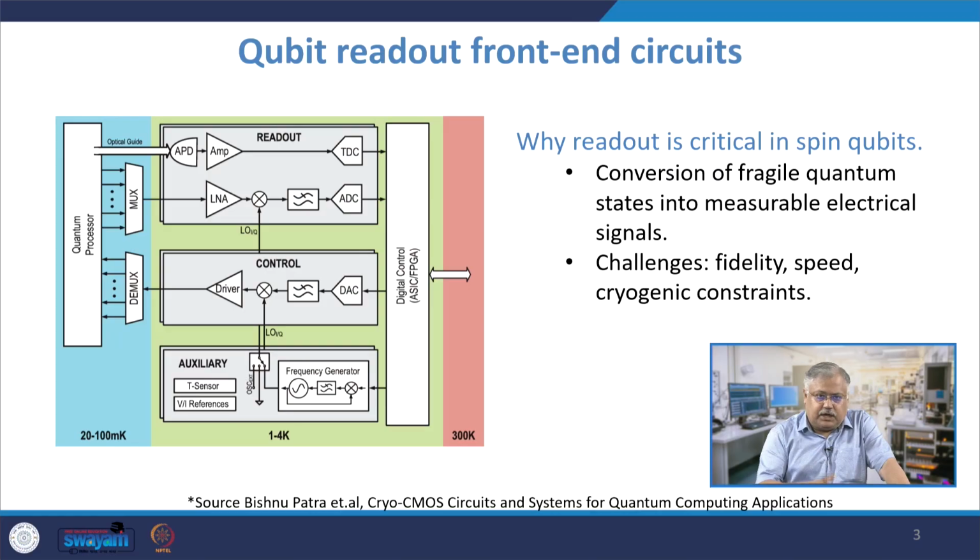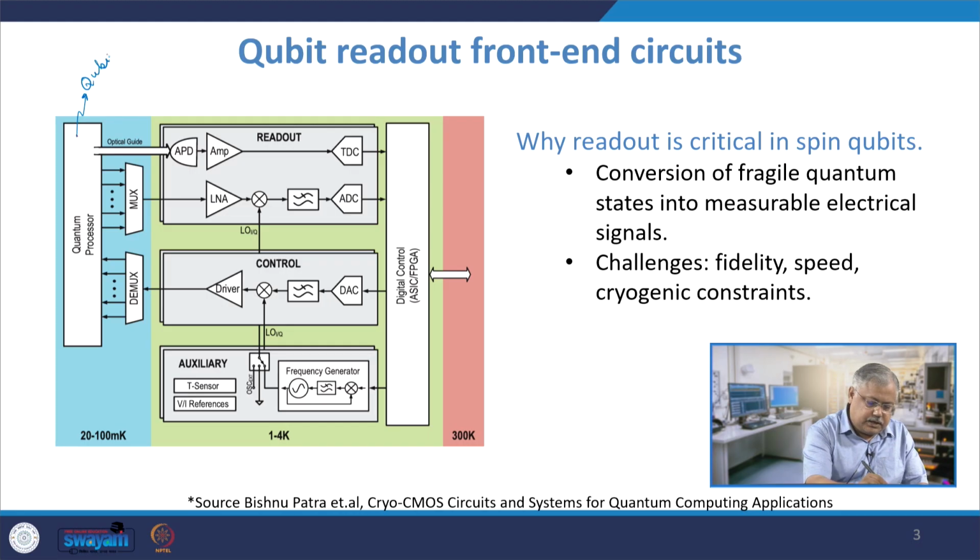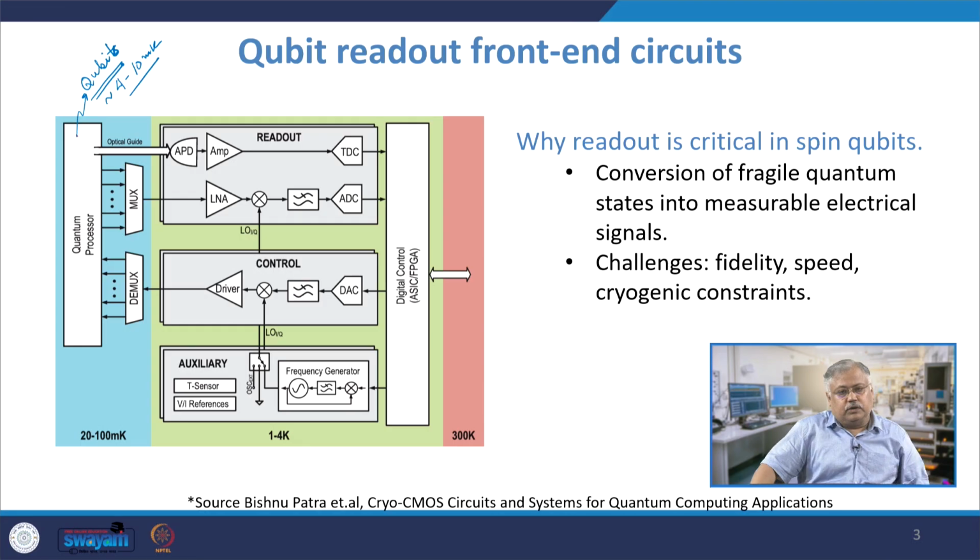Now, this we have already done, but just to refresh your memory, primarily your qubits are placed in the quantum processor part. So, this is your area where your qubits are placed, and these qubits are effectively in around 4 to 10 millikelvin range, somewhere around 4 to 10, sometimes going up to 20 to 100 millikelvin.